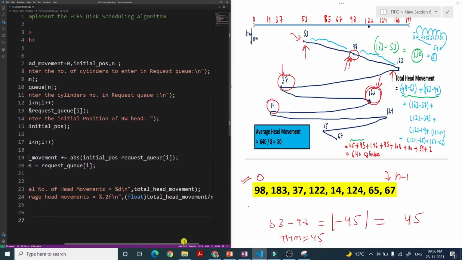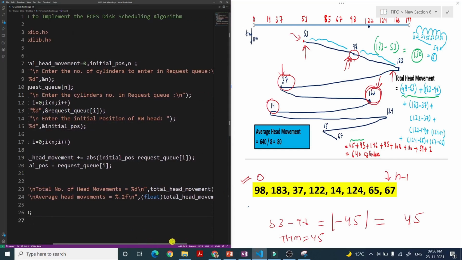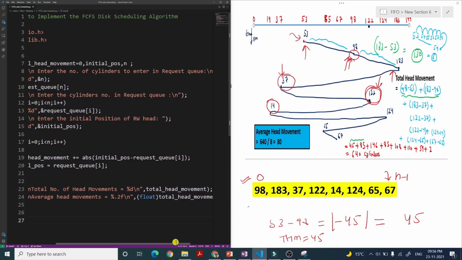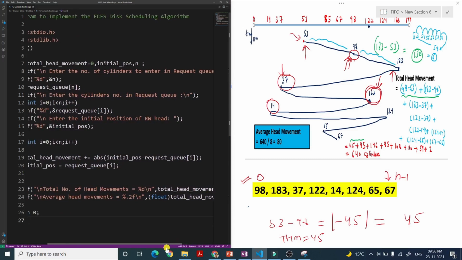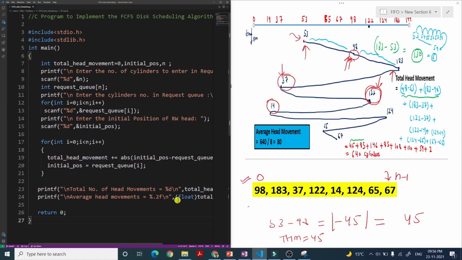Finally we will find the average head movement, that is total head movement divided by n. I hope this is very easy to understand. This FCFS algorithm is a very simple algorithm. We have just used this for loop, the initial position and the request key of I, and we updated the initial position in every iteration.